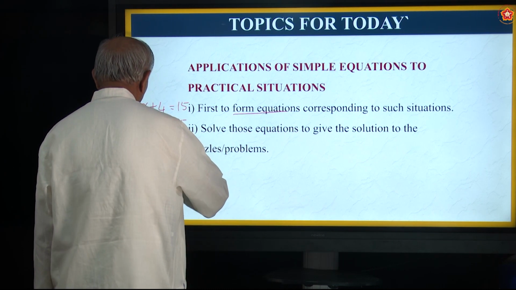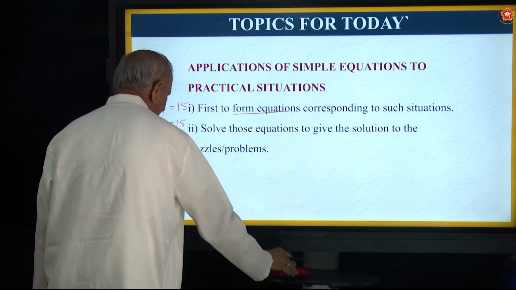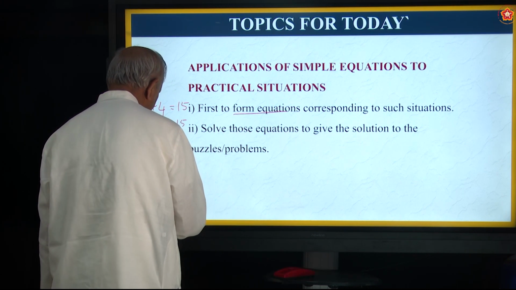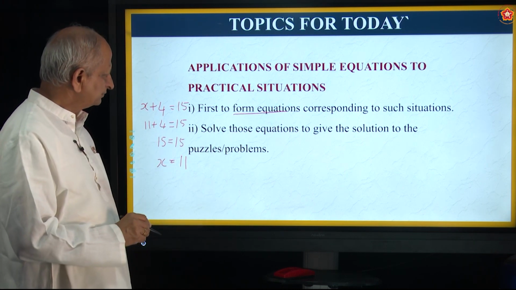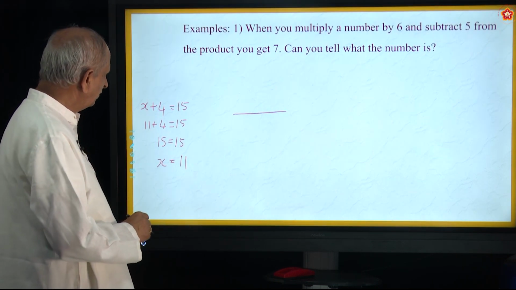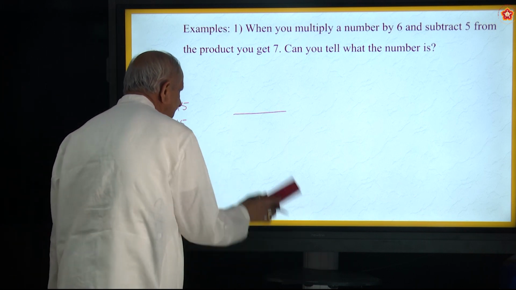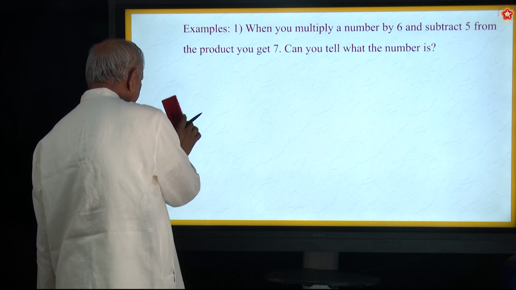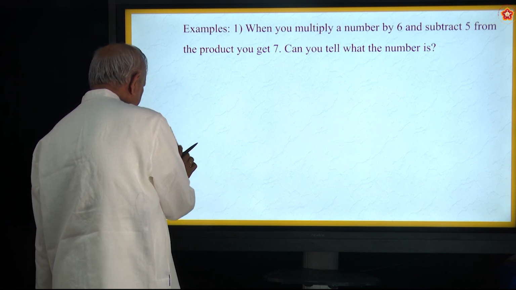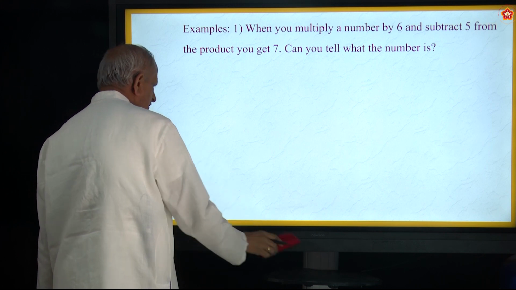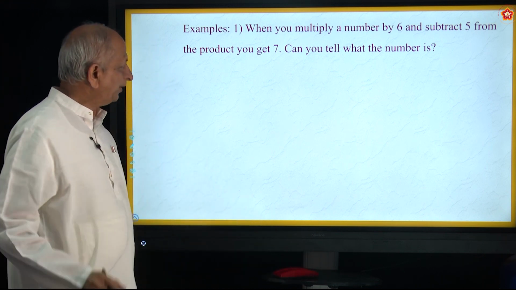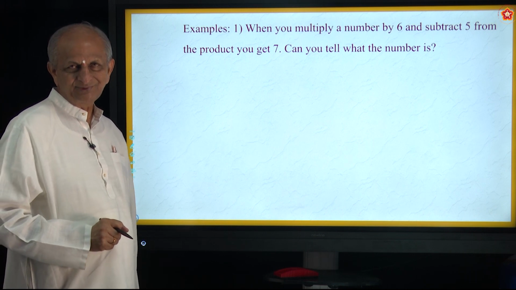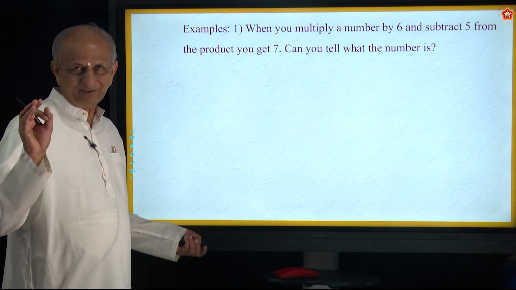So for any puzzle or any problem, there will be some solution, correct? So now let us take one example. That was an oral question that I gave. It may be in the form of a statement also. See, when you multiply a number by 6, here you do not know the number, but some number is there.